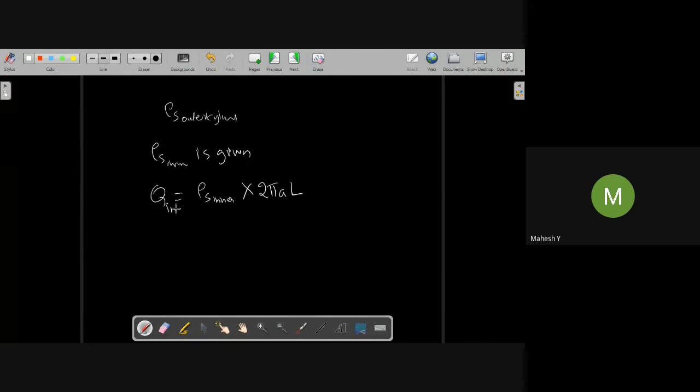Now what is Q outer? Q outer will be rho s outer into the surface area of the outer cylinder. The inner has radius A, so it has the surface area 2 pi a l. And for the outer cylinder, what is the radius?